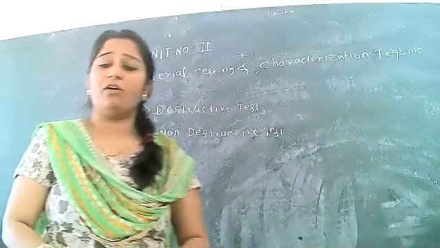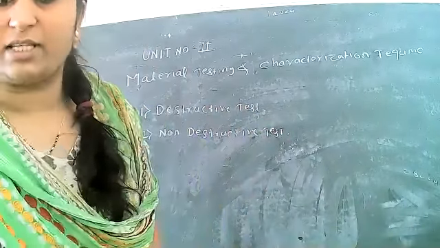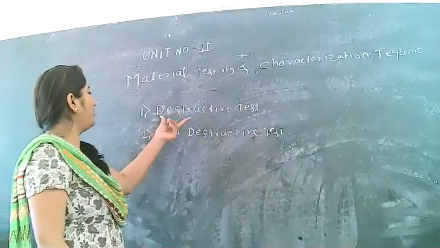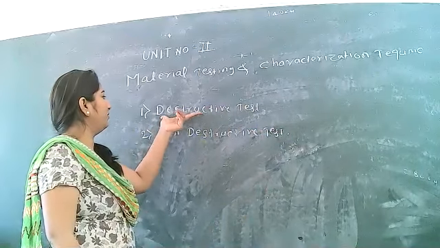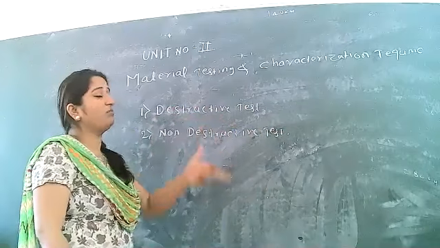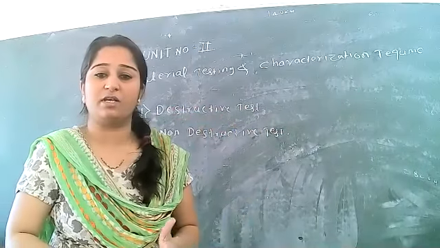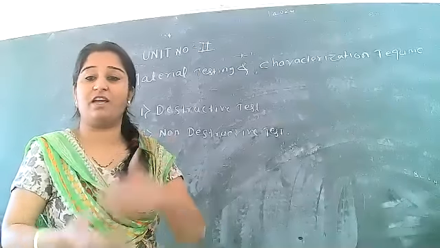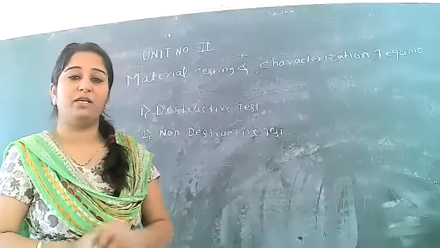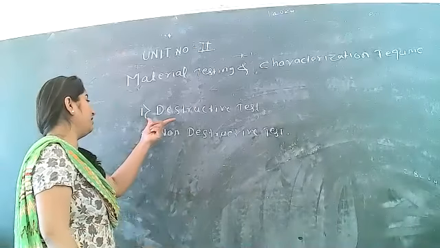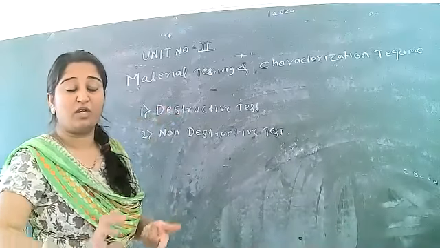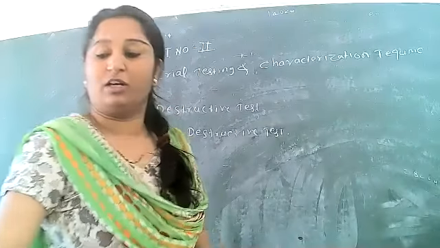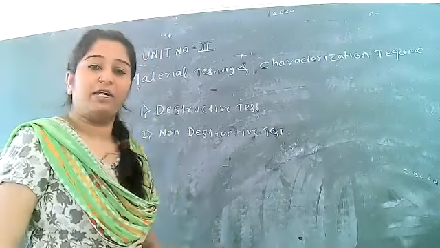Now, the meaning of the destructive test and non-destructive test, we can find out with the help of the spelling, that is destruction. Destruction means that we are going to damage the material and then test that material. Meaning we are going to break that metal and then find out the properties present in that metal.